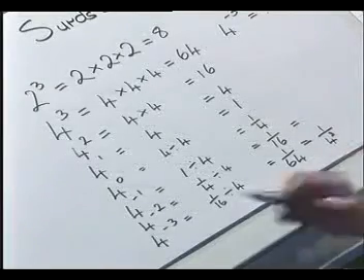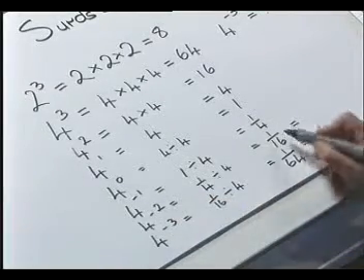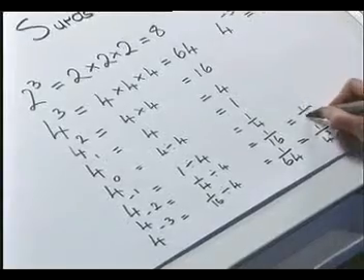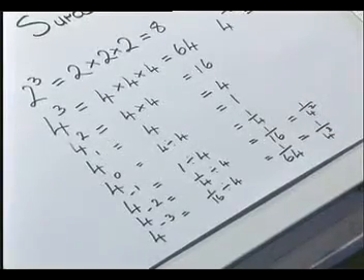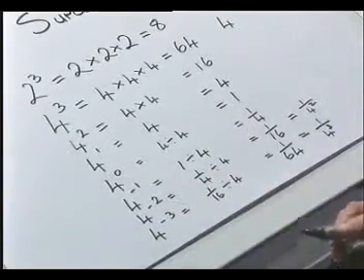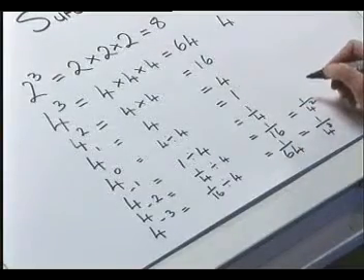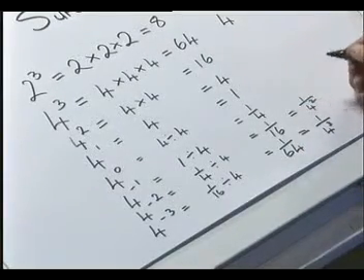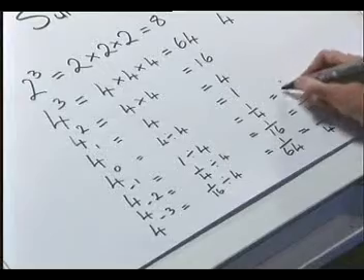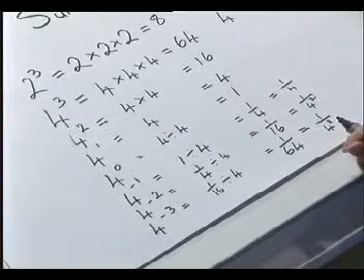So 4 to the negative 2 is 1 over 16, which must be 1 over 4 squared. And 4 to the negative 1 must equal 1 over 4 to the power 1, which is 1 over 4. So negative powers give you the reciprocal of the number.